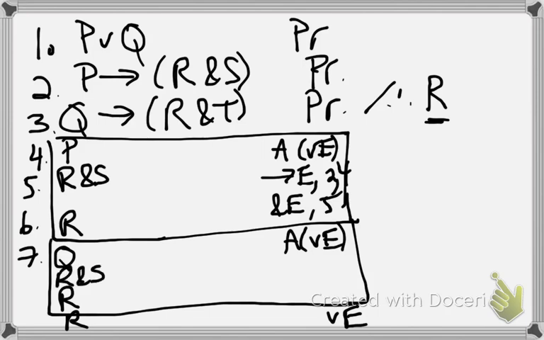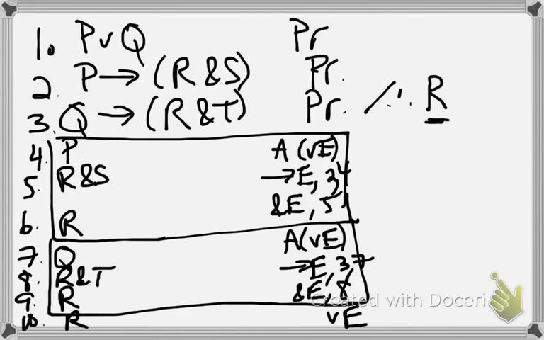And we can also derive R and T from arrow elimination on line 3 and 7. And then R by AND elimination on line 8.